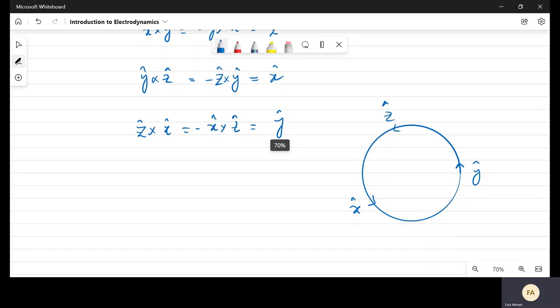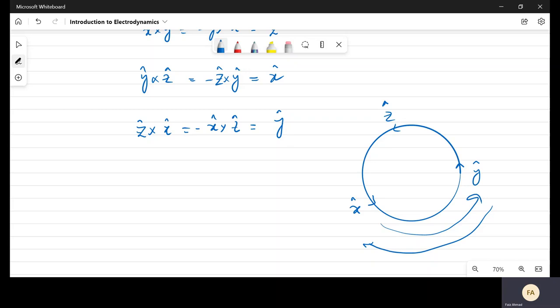If we are going to take the cross product of x and y, it's z, and if I am going to take y cross x, then if I use the clockwise direction, I put a negative sign with z. The same goes for x cross y is z, y cross z is x, z cross x is y.